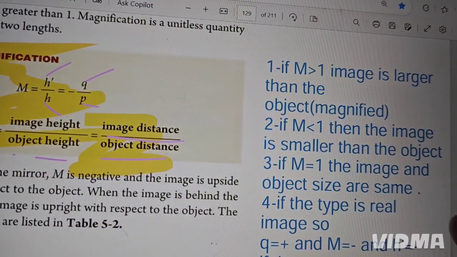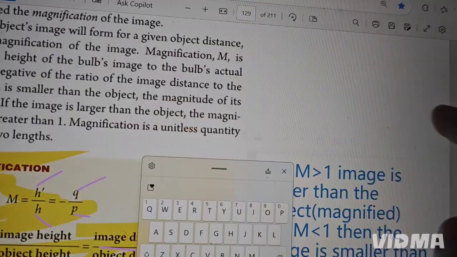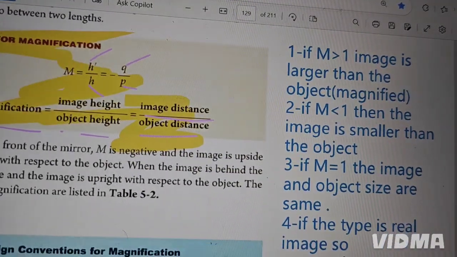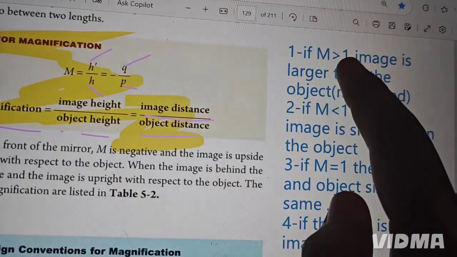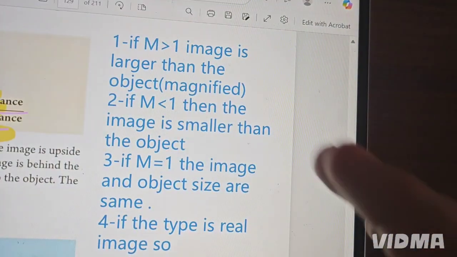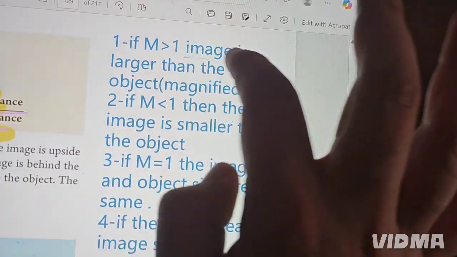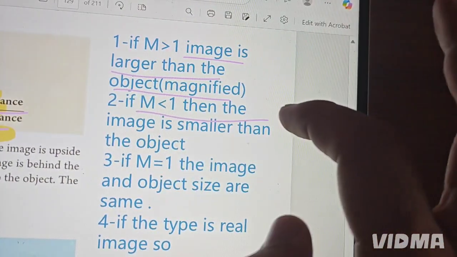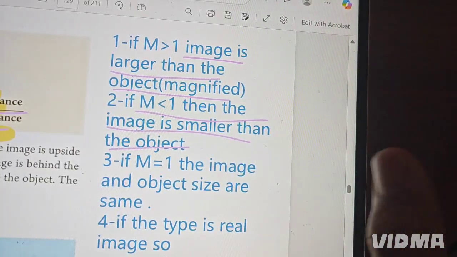We have some important notes. Take a look. If the magnification is greater than 1, it means the image is larger than the object, magnified. But if the magnification is less than 1, the image is smaller than the object. You should know this.